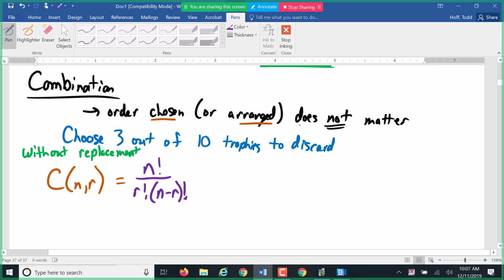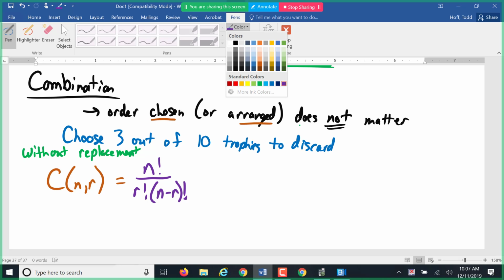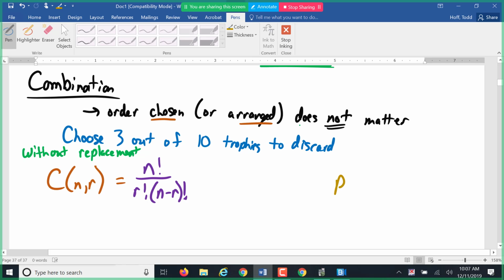You'll notice that formula is very similar to our permutation formula. The permutation formula, I'll write it off to the side here again. A permutation of n things where we're choosing r of them was n factorial over n minus r factorial. You can see in this one we divide by that extra term of r factorial.